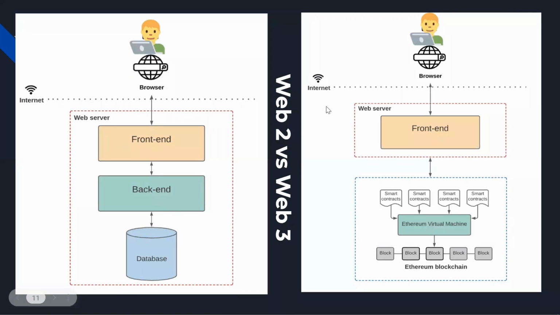On Web 3.0, the architecture is a bit different. Sure, you have your web server that gives you the front end, but now the back end is very different. You have some things called smart contracts. Okay, also this is an example specific to Ethereum, the blockchain Ethereum. So you have what are called smart contracts.